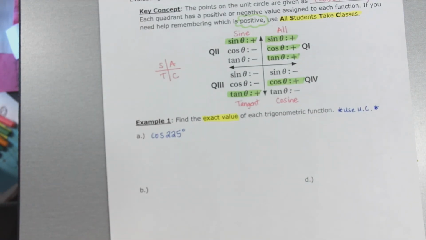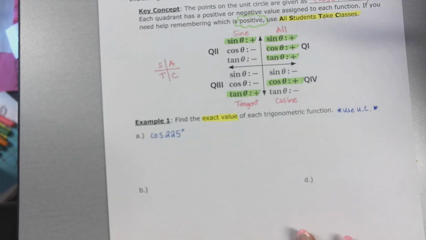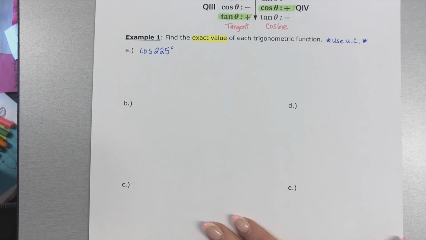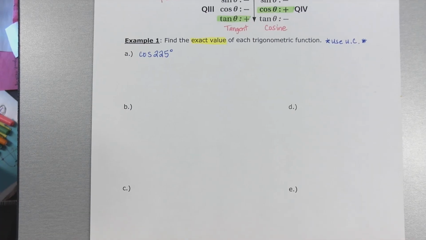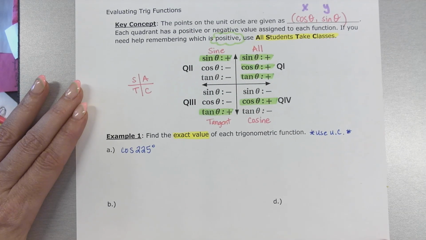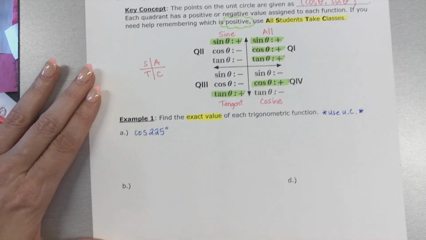Okay, so for part A, we want to find the cosine of 225 degrees. Okay, so remember, cosine relates to which coordinate? The x.